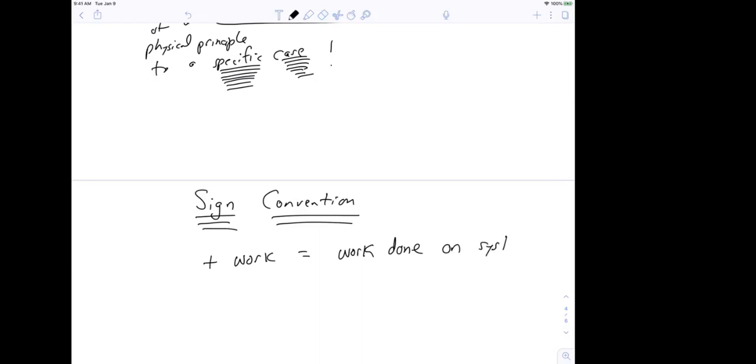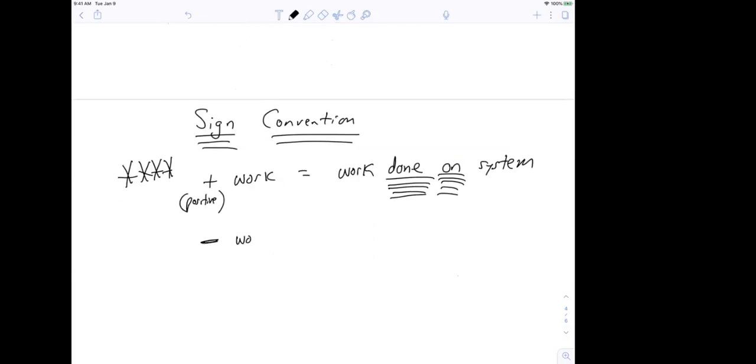And this is very important. So positive work is equal to work done on our system, and negative work, we know work is a scalar, so it can have a sign, S-I-G-N. It can be positive or negative. And so that's what I'm addressing now. So a negative sign associated with W, or work, is going to indicate work done by the system.